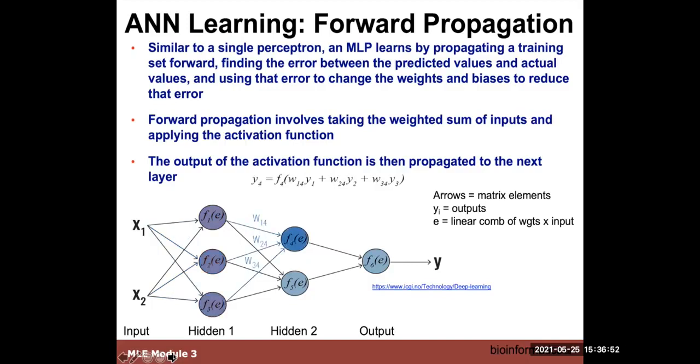So the first one is the function of weight times X. The next ones are functions of Y's, and we have different output elements. Those are the yi. What we have is a function called E. That's the linear combinations of the weights, which are W's, and the inputs, which are X's.